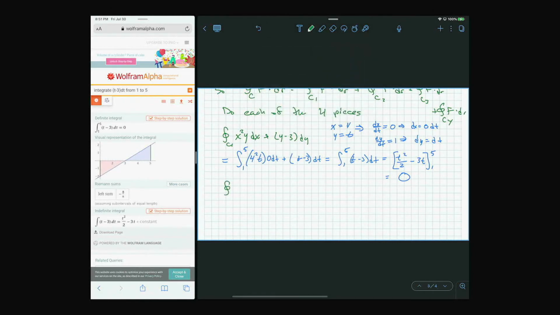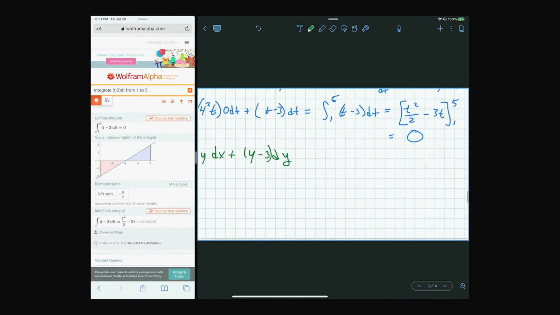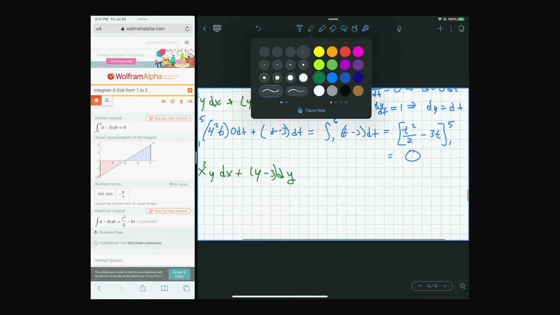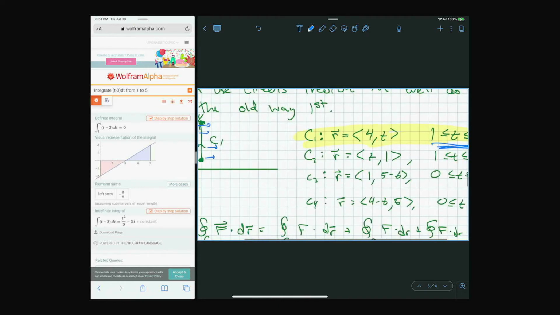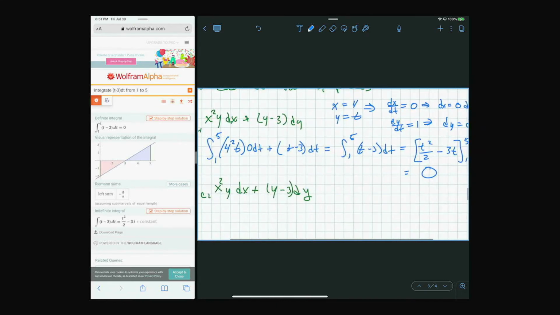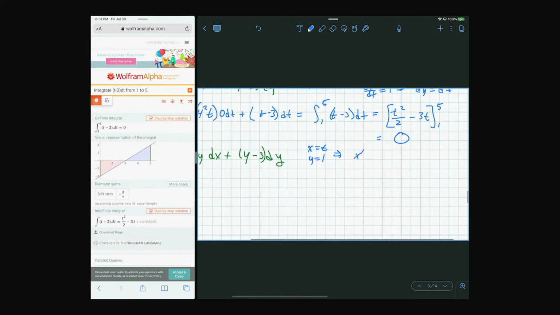The next integral we would have to do would be for C2. So the integral over C2 of x squared y dx plus y minus 3 dy. Just like the other one, we need to know what our r is. r is t comma 1. So x is t, y is 1. That tells me x prime is 1 and y prime is 0.